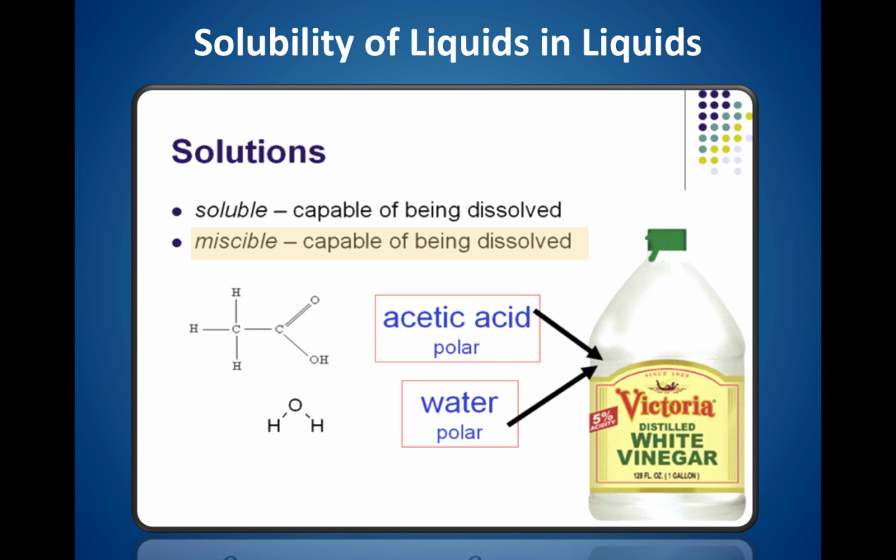Vinegar and water are miscible in each other. Acetic acid, which is the main component of vinegar, is a polar molecule. Water is also a polar molecule. Polar molecules dissolve in other polar molecules.